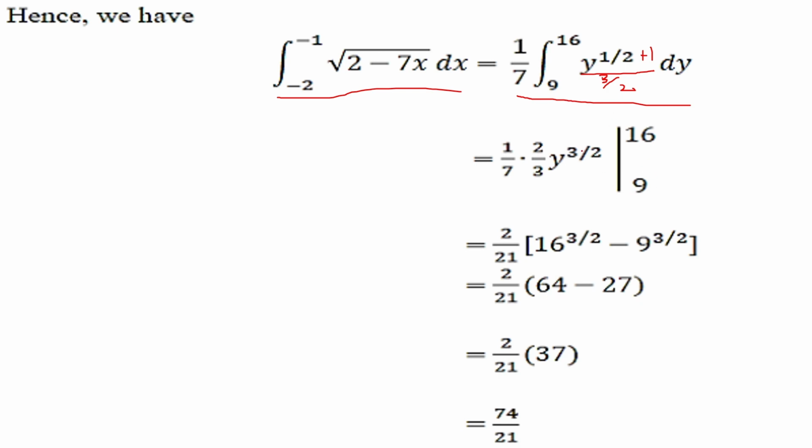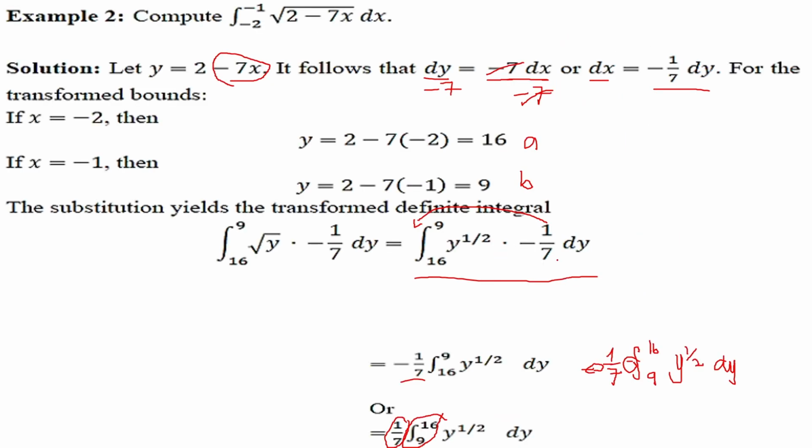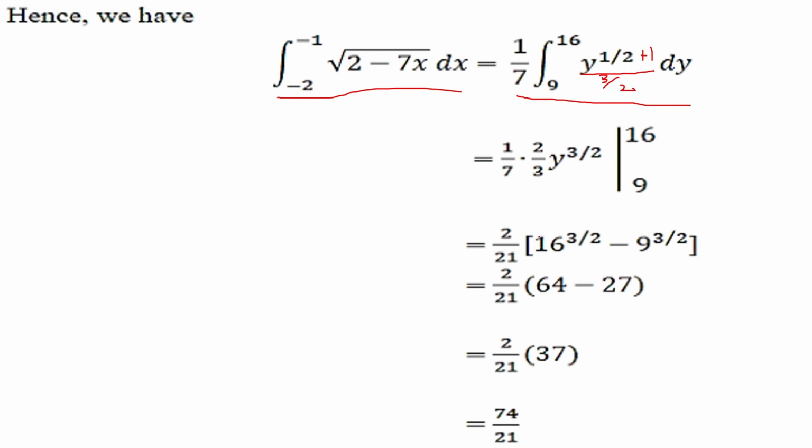Again, we already used the vertical bar notation. 1 over 7 times 2/3 is 2 over 21, since 1 times 2 is 2, and 7 times 3 is 21. And then y to the 3 over 2, with y earlier being 16 and 9.